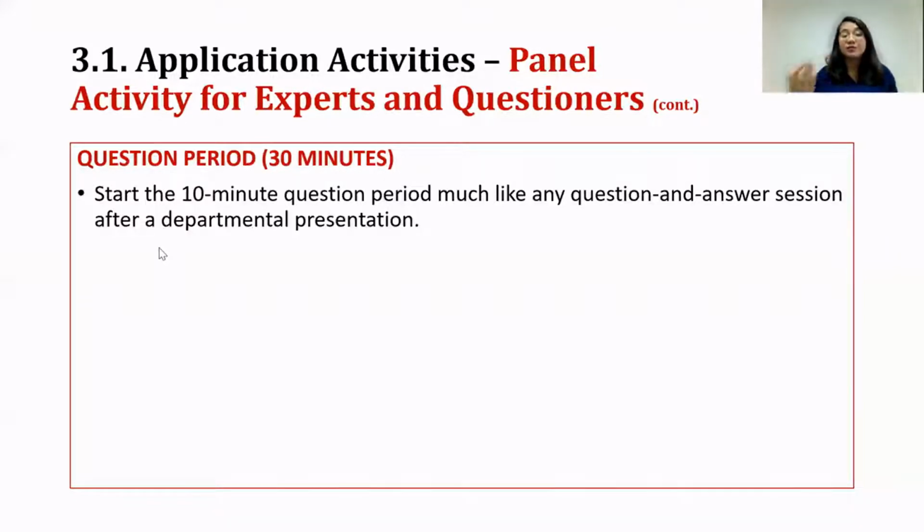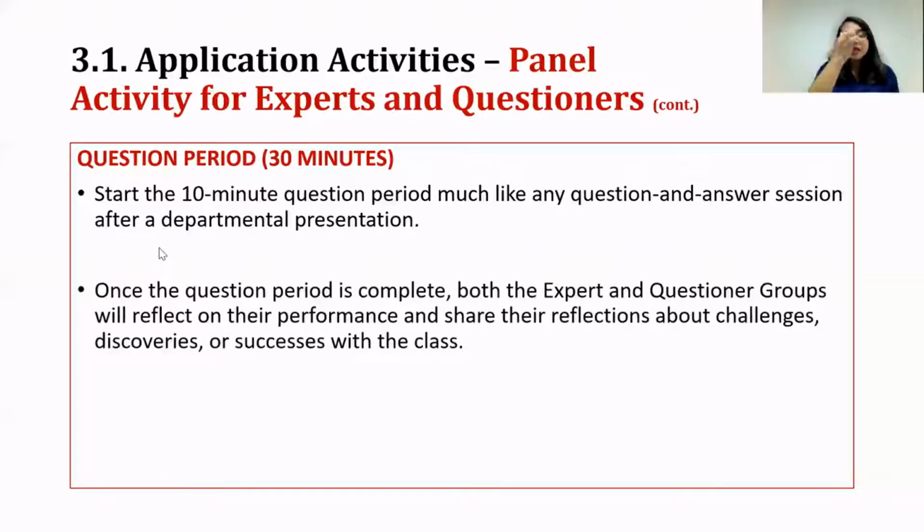And then once the question period is complete, both the expert and questioner groups will reflect on their performance and share the reflections about challenges, discoveries, and successes with the class. Although this reflection is not directly related to the students' communication skills, it is something important because through this kind of session, they need to reflect on their performance.